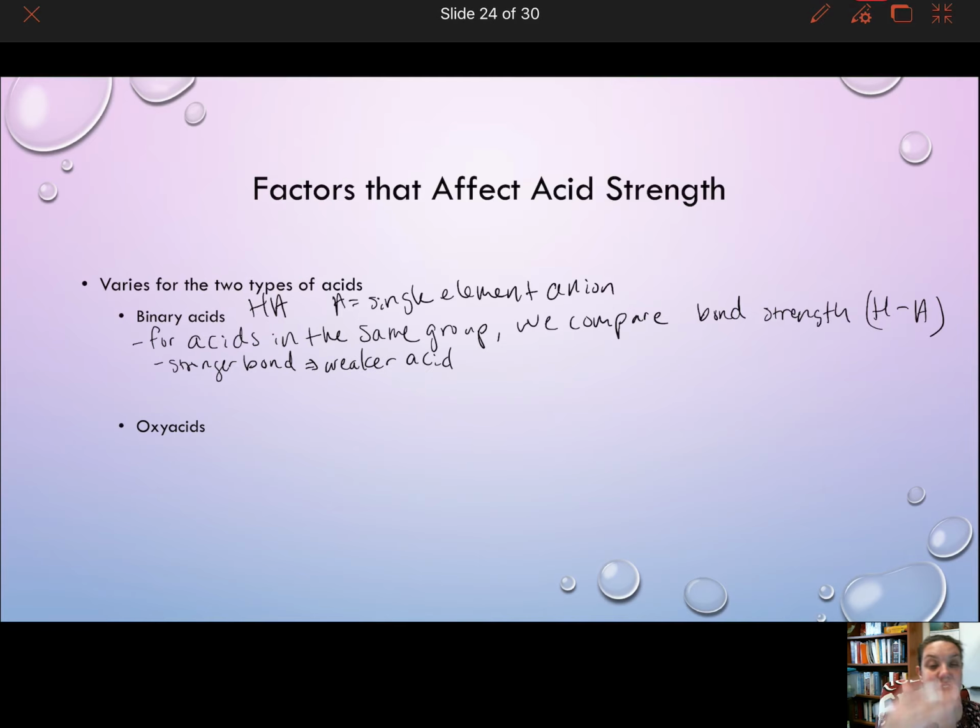So as we go down a group, our ion or anion size gets larger, so our bond strength gets weaker between our anion and our hydrogen. So going down a group, our bond strength decreases, our acid strength increases.